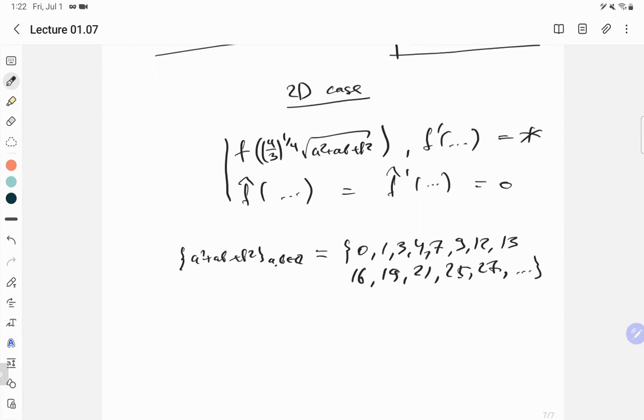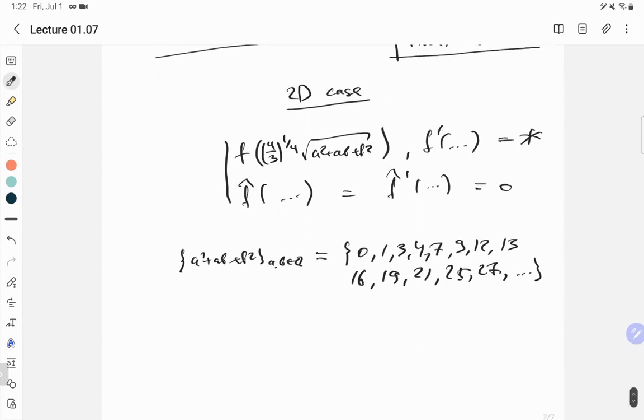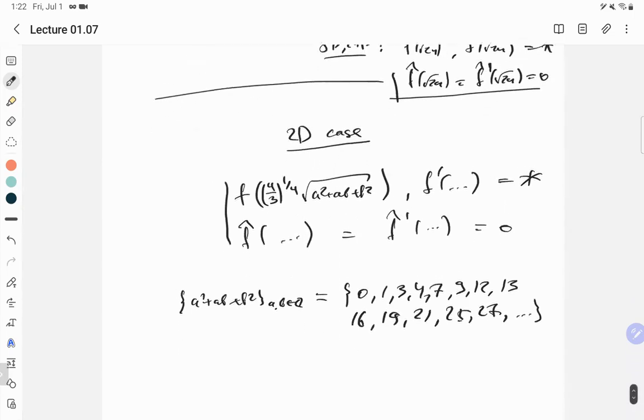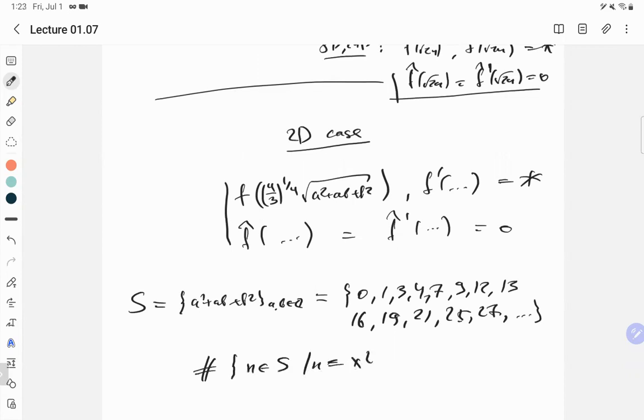But the bad thing, and what makes the 2D case fall outside this nice sequence of other dimensions, is that the number of points, let's call this set S, the number of n in S with n less than or equal to x, is asymptotically c times x over the square root of the logarithm of x.